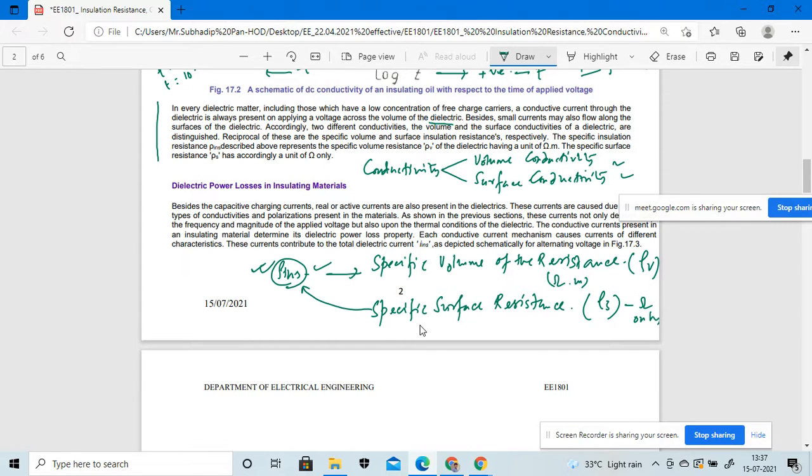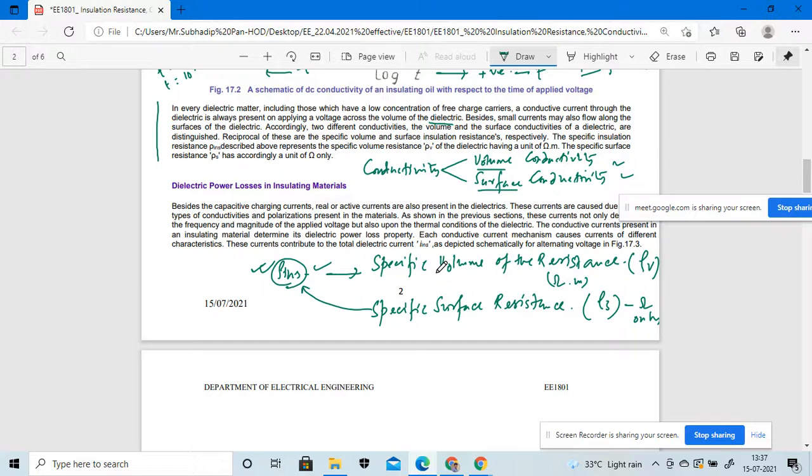So we are considering two specific conductivities: one is the volume conductivity, another is the surface conductivity. For the specific insulation resistance, we have to take into consideration the specific volume resistance for the volume conductivity and the specific surface resistance for the surface conductivity, right?